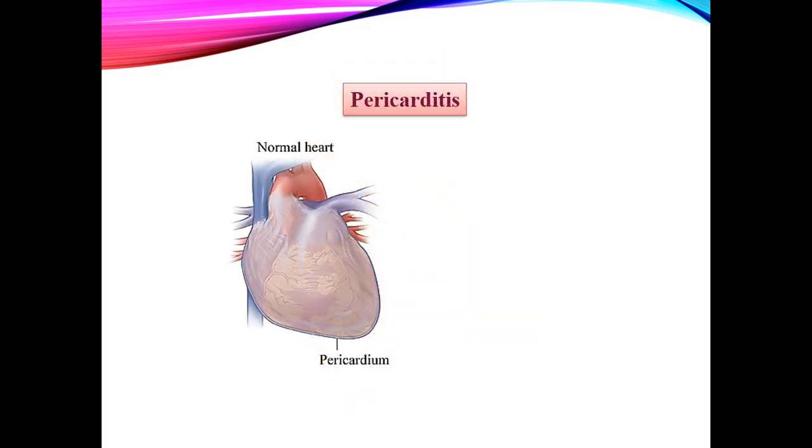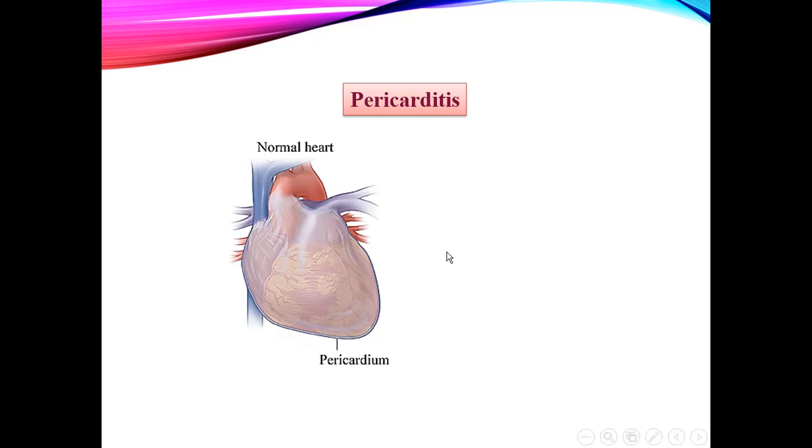Inflammation of the pericardium is called pericarditis. Pericarditis is accompanied by a sharp pain behind the sternum, and this pain is more severe when lying down on the back and on the left.